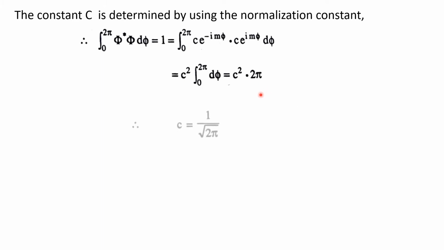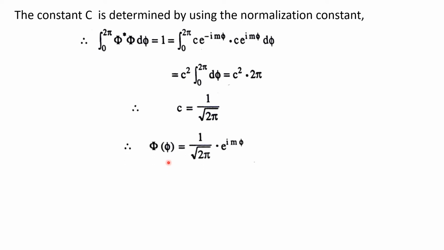That value is equal to 1. Hence c square into 2 pi equal to 1. Therefore, c is equal to 1 divided by under root 2 pi. And therefore, phi as a function of phi equals 1 upon under root 2 pi into exponential i m phi. Say this is equation number 8.